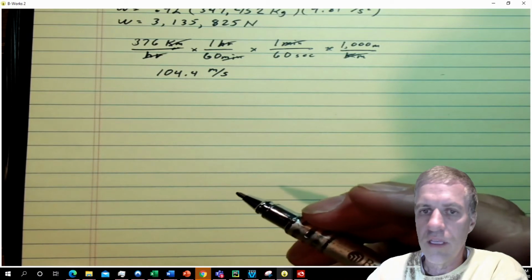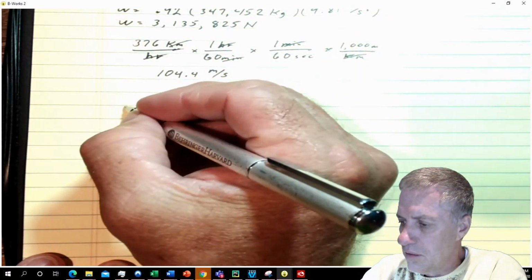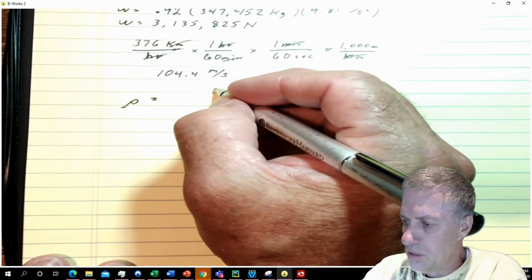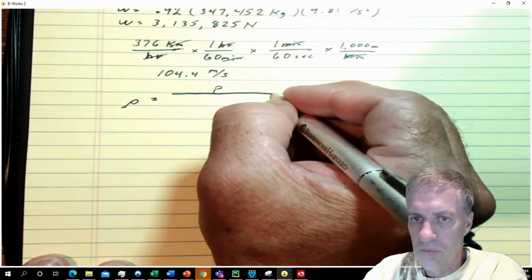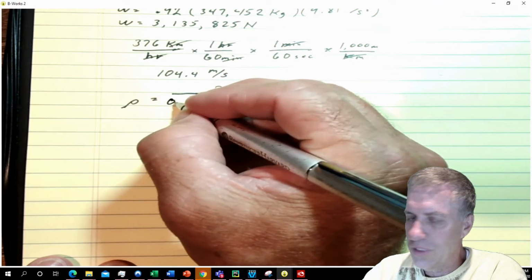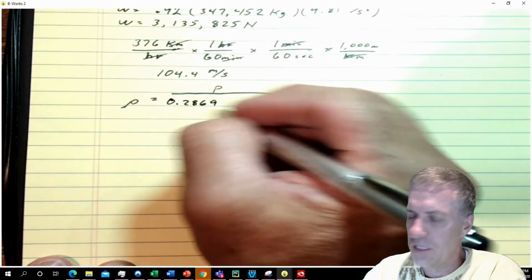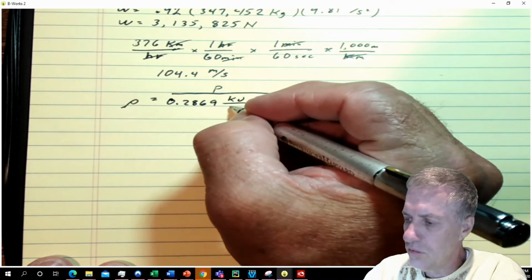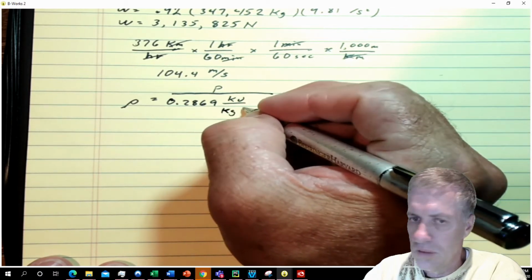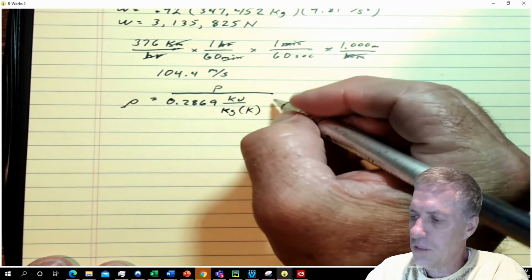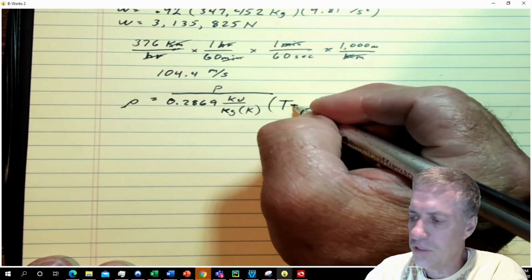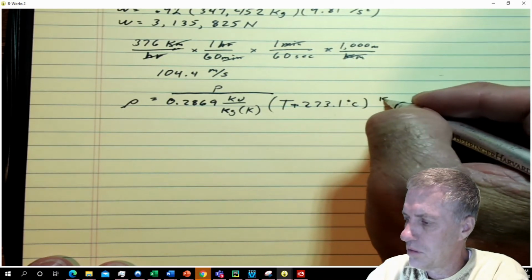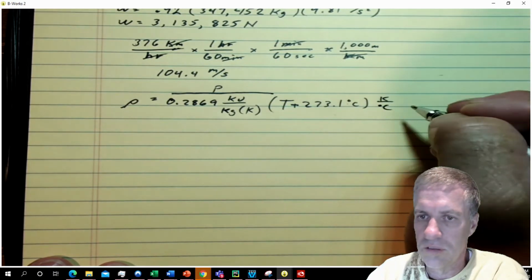All right, now let's calculate the air density. So we've got rho equals our pressure divided by 0.2869, and that's just part of the equation, kilojoules per kilogram Kelvin, times our temperature plus 273.1, converting degrees Celsius to Kelvin.